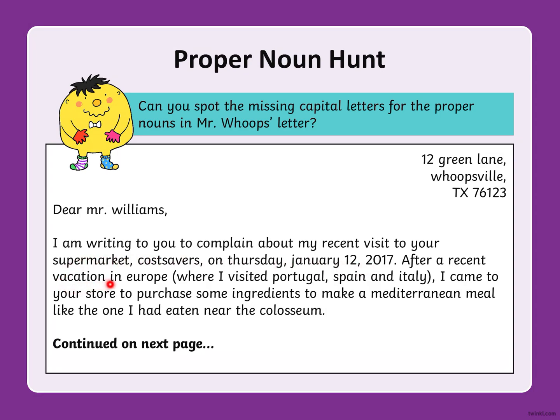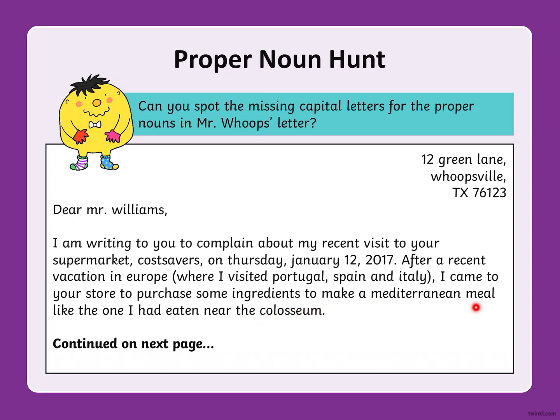And then he talks about his recent vacation in Europe. So that's a continent, so Europe would need a capital letter. Where I visited Portugal, another capital. Spain, another one, and Italy. I came to your store to purchase some ingredients to make a Mediterranean meal like the one I had eaten near the Colosseum.